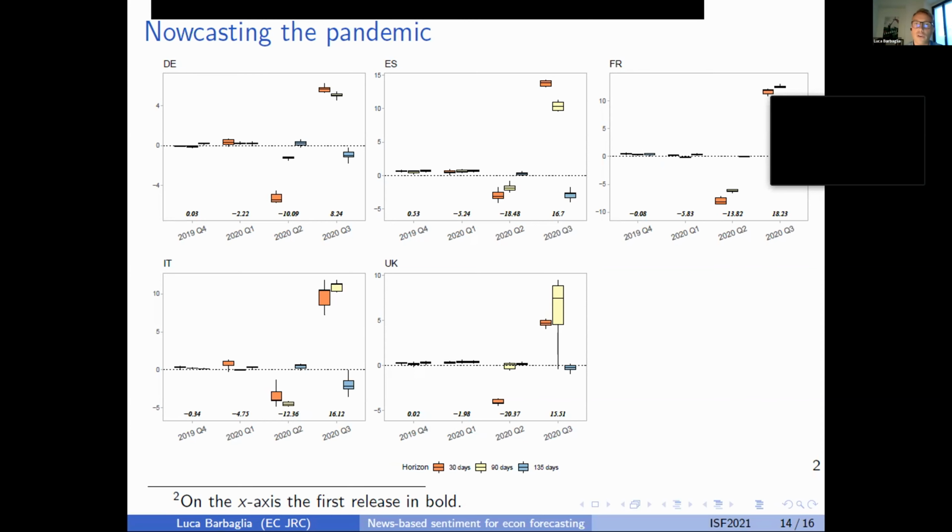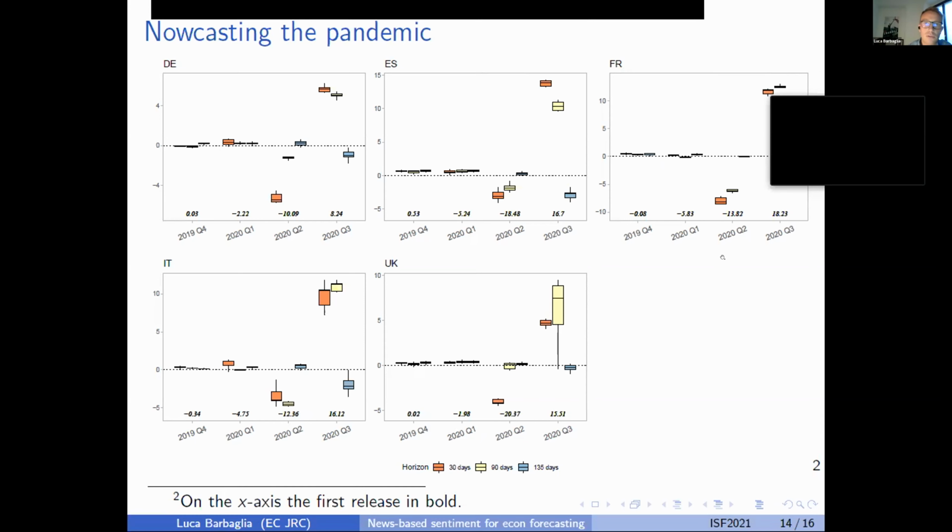And also in terms of magnitude, in certain cases, we are also getting close to the actual release of GDP. So for instance, consider the Spanish case for 2020. We also get very close to the actual release of 16%.